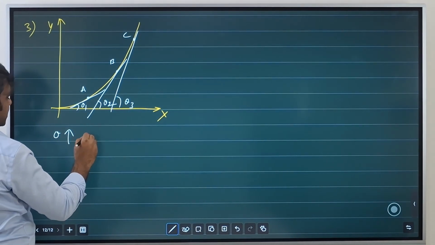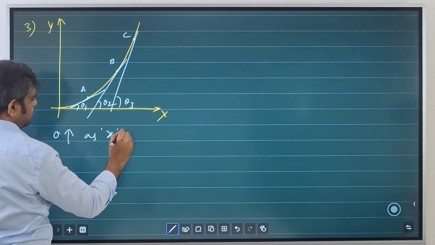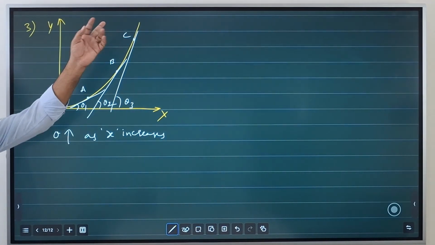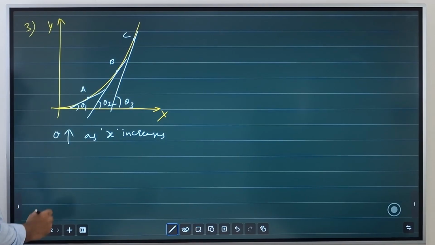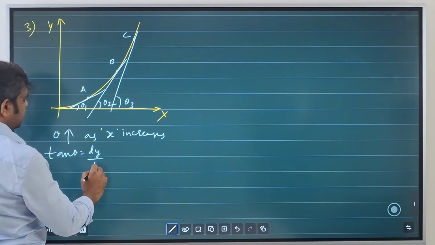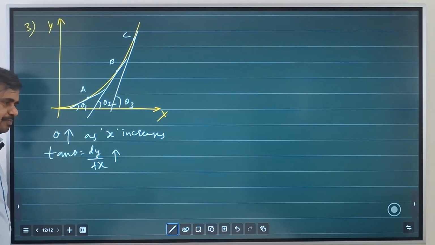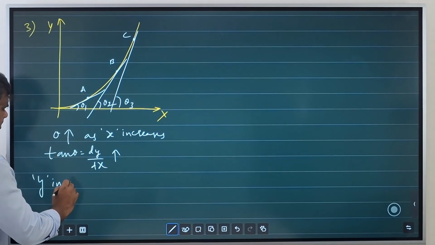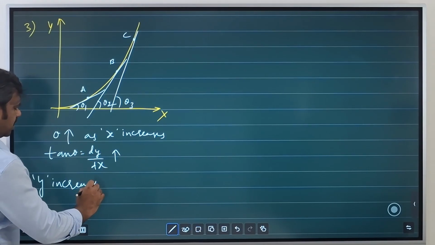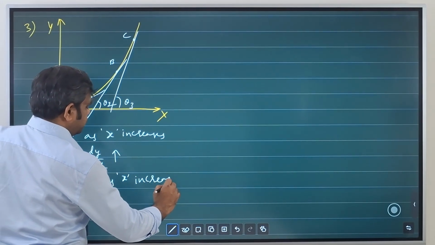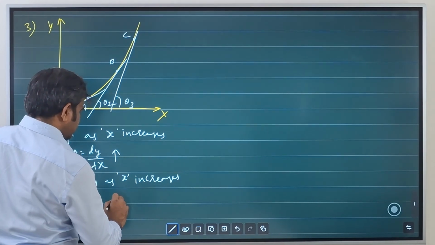Theta increases as x increases. You can see that y increases as x increases, but theta also increases. It means tan theta increases. It means dy by dx increases. So the conclusion is y increases as x increases, but at an increasing rate.